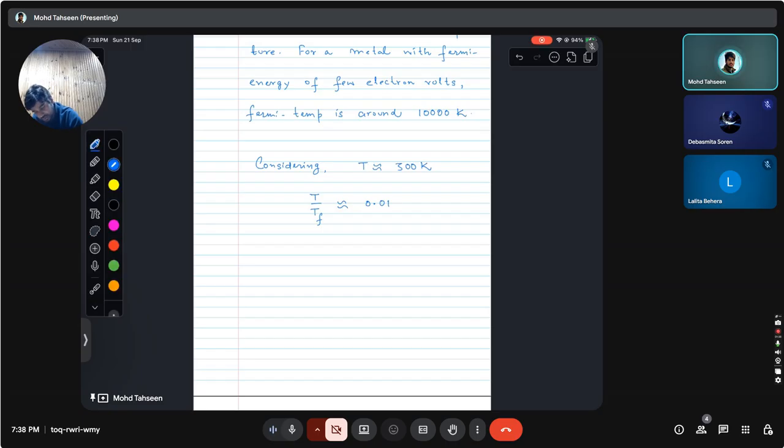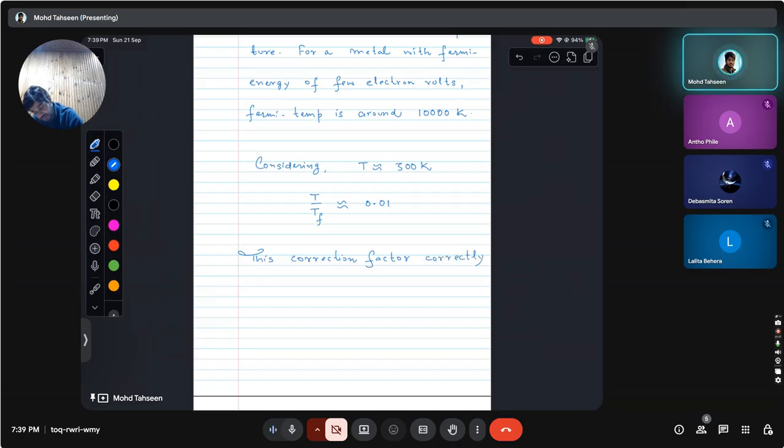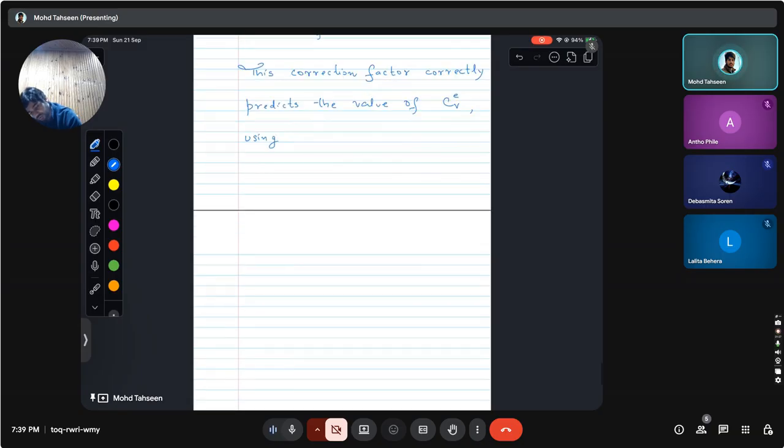And this correction factor correctly predicts the value of C_V^e using the Drude-Sommerfeld model.